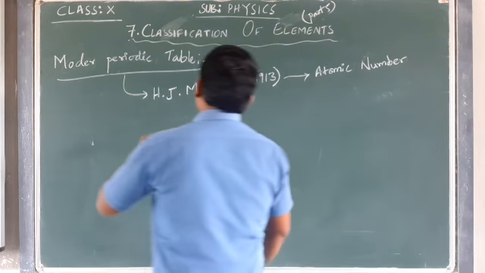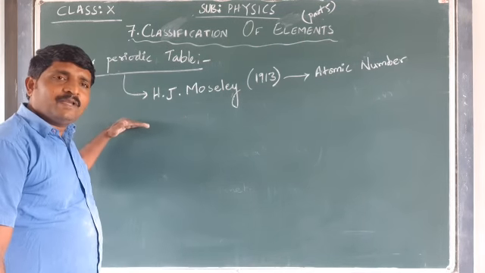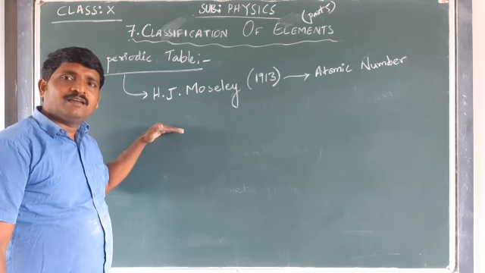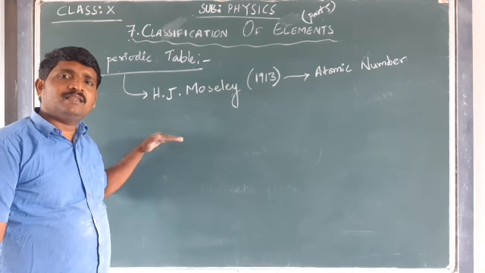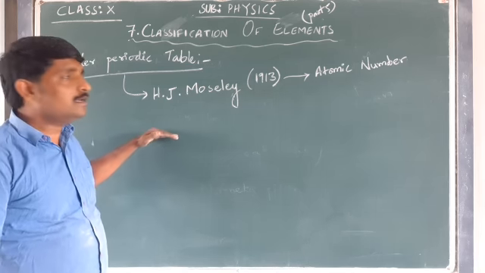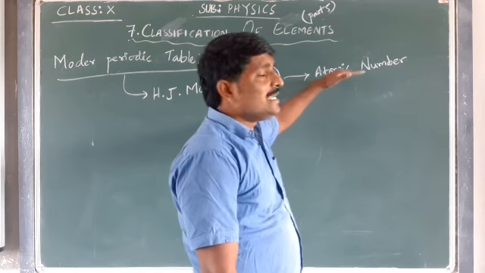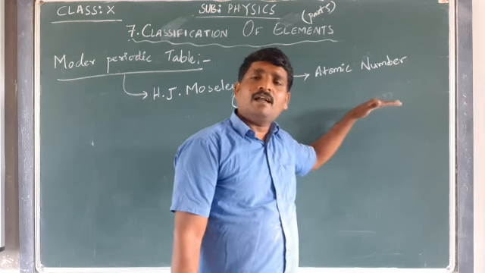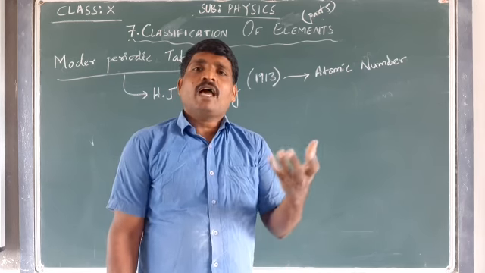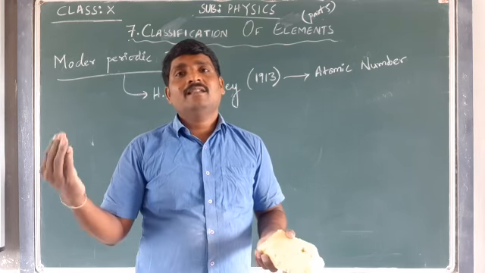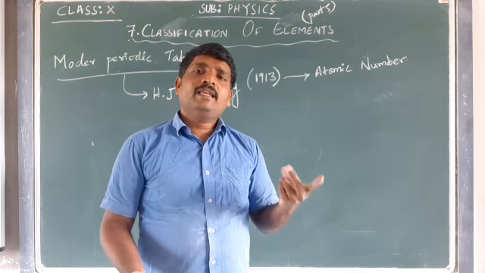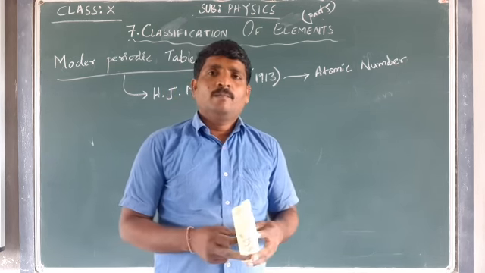Instead of arranging the elements by considering the atomic weights, he thought of taking the atomic numbers into consideration, to have a more proper and satisfactory arrangement of the elements than Dobereiner, Newlands and Mendeleev.